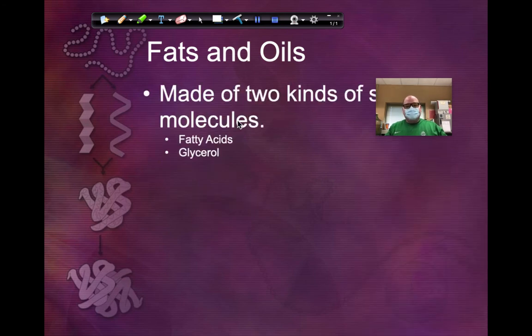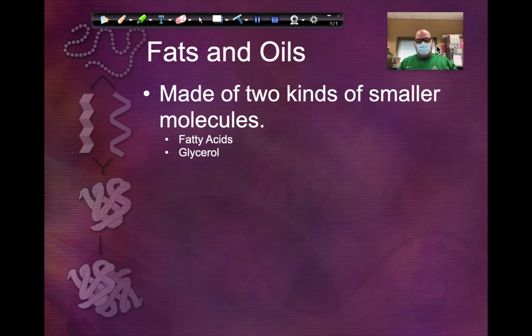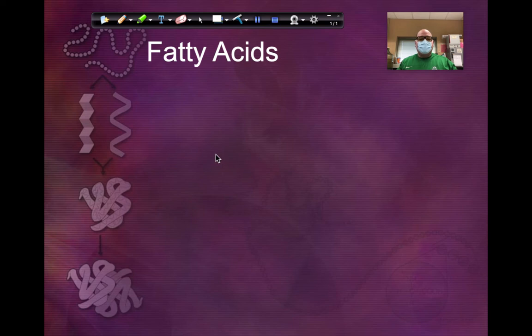Okay? So fats are made up of two sort of subsections, and those are going to be fatty acids and something we call glycerol. All right, let's talk about what a fatty acid actually is.